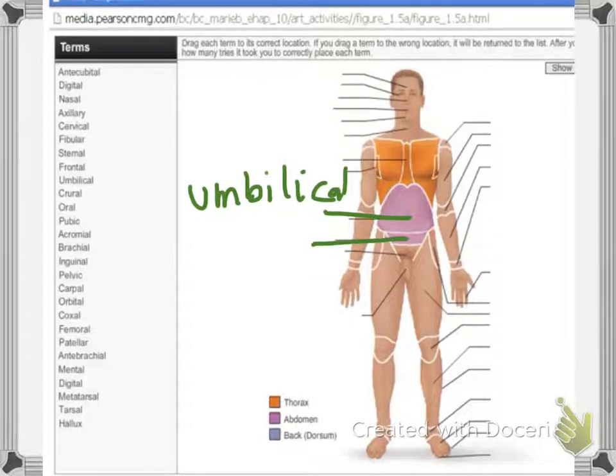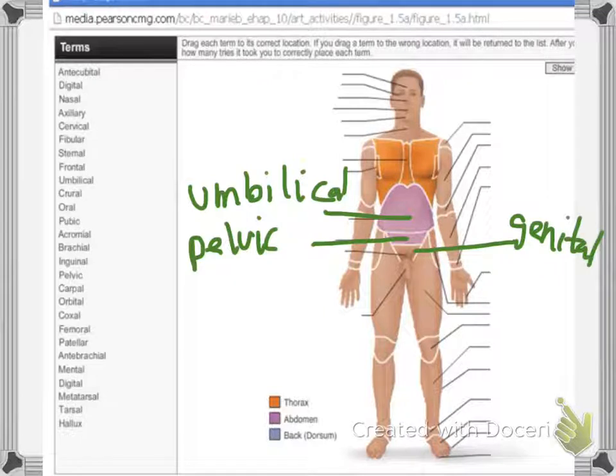This is the pelvic. This is the genital. Down here, well here's genital, and down here we're looking at the inguinal area, the groin.